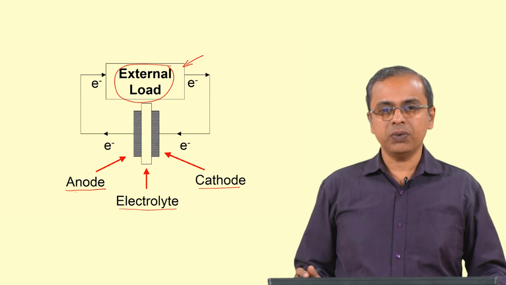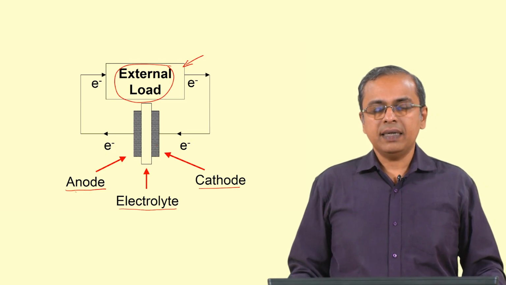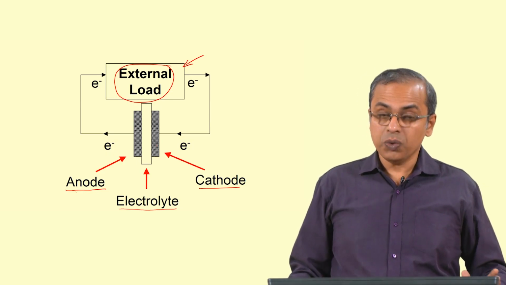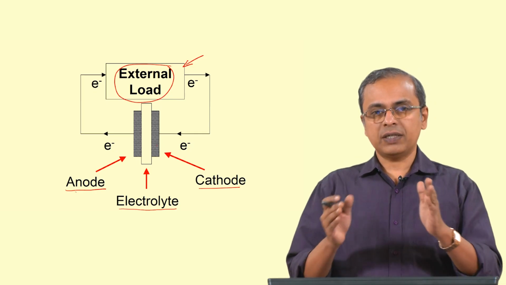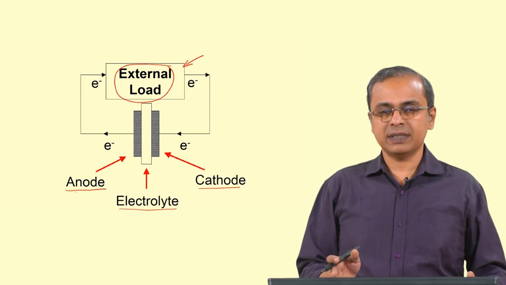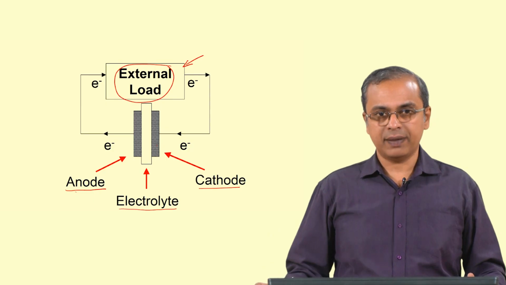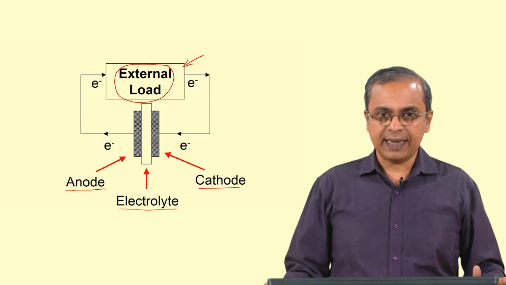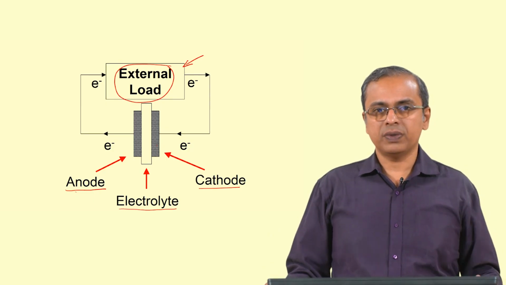In any case, there is an anode, an electrolyte and a cathode, and a typical use of a fuel cell would involve having several of these fuel cells connected in series or parallel, which would be considered a stack. That is no different from what you do with a battery.